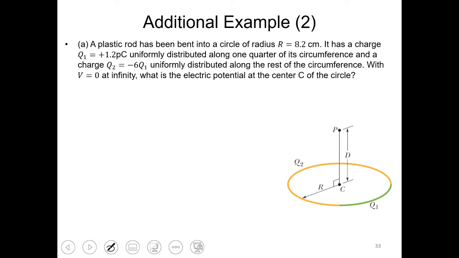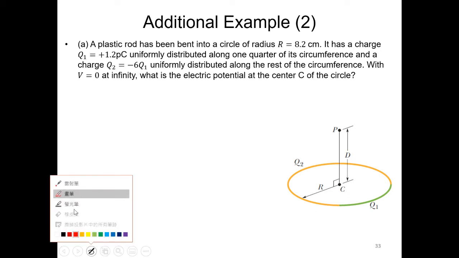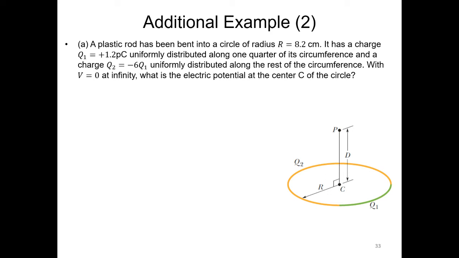So we still have another additional example there. Okay. So a plastic rod has been bent into a circle of radius r equals 8.2 centimeter. It has a charge Q1 uniformly distributed along 1/4 of the circumference, and a charge Q2 equals -6 Q1 uniformly distributed along the rest of the circumference.